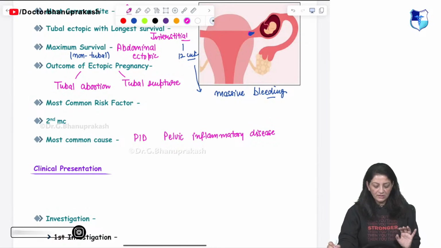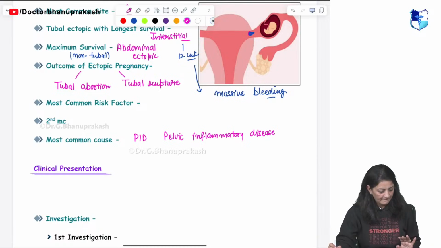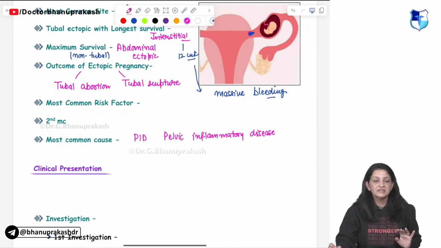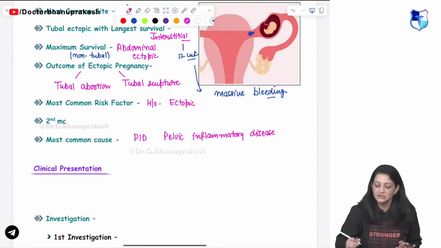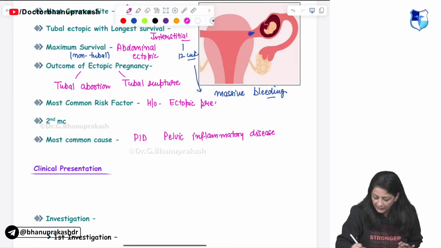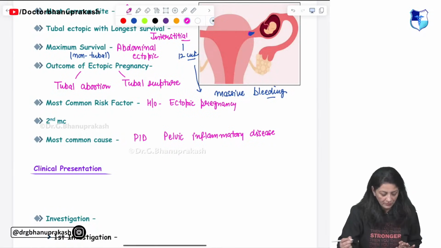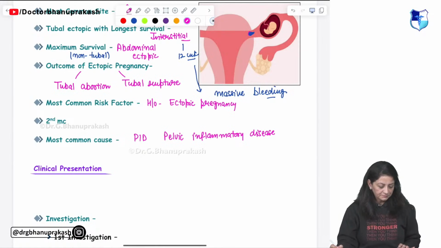Now tell me, what is the most common risk factor for ectopic pregnancy? The risk factor is history of ectopic pregnancy.